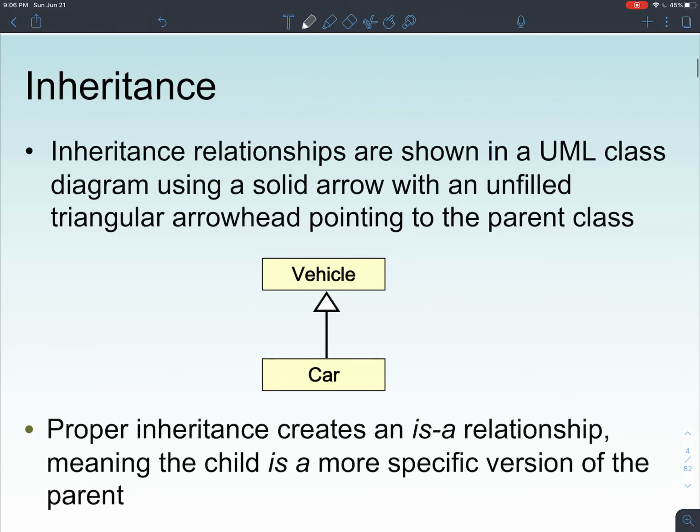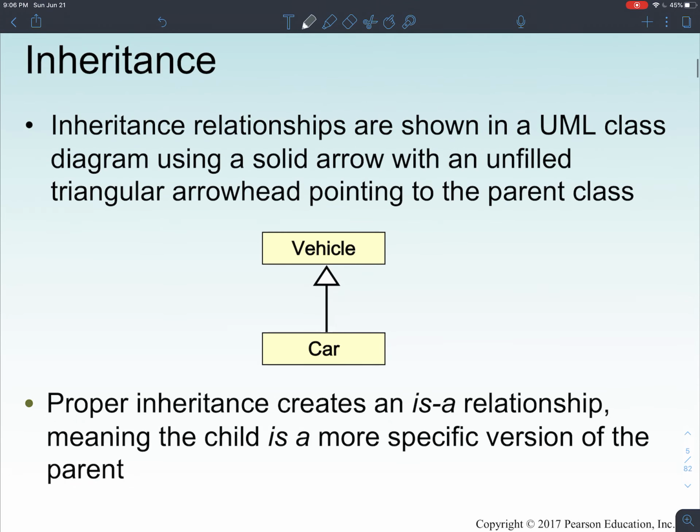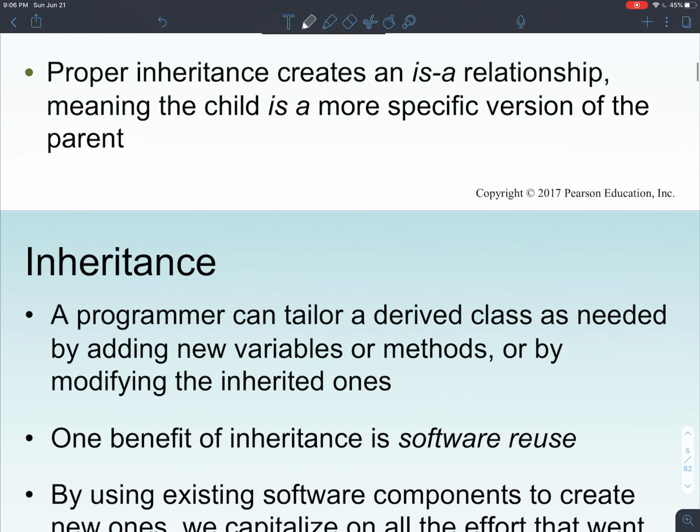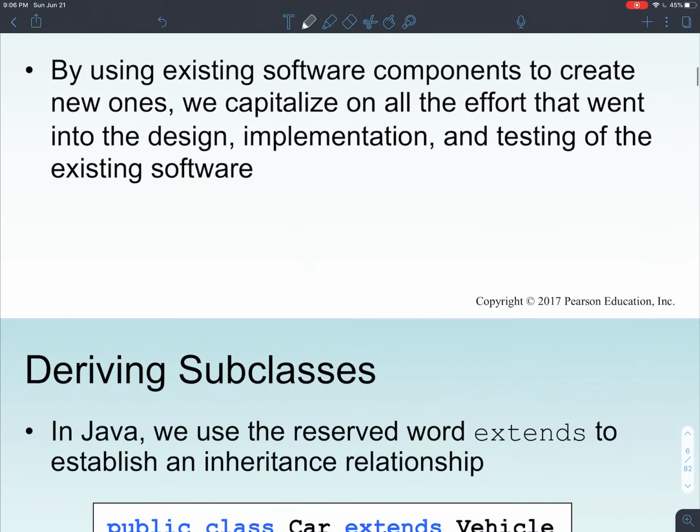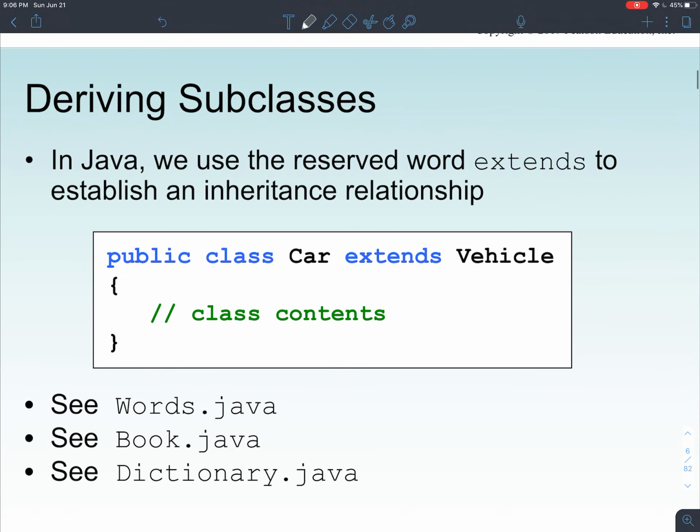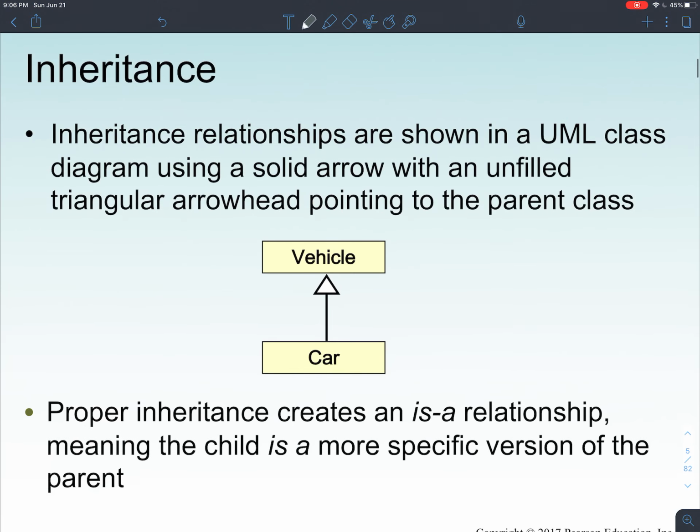Okay, suppose here you define a class. We use this diagram to show the inheritance. To see this example, suppose you have already defined your class Vehicle.